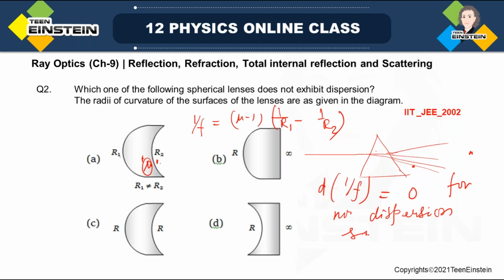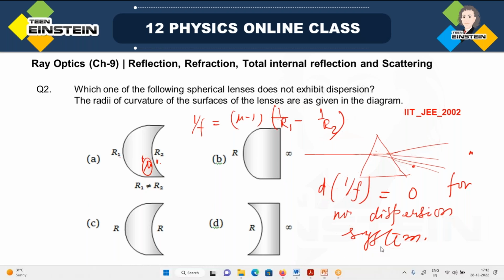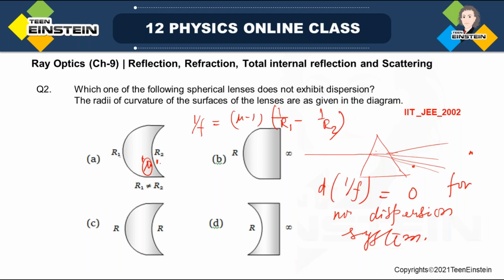For no dispersion to occur in the system, this derivative of the focal length should be 0. That means R1 must be equal to R2. So when there will be no dispersion, this is the condition.